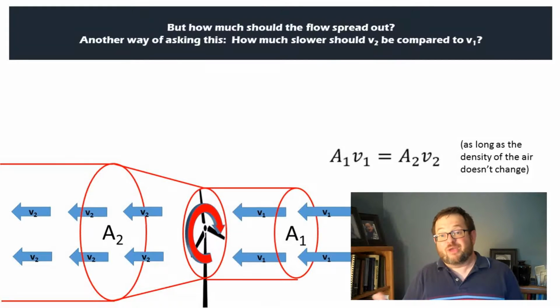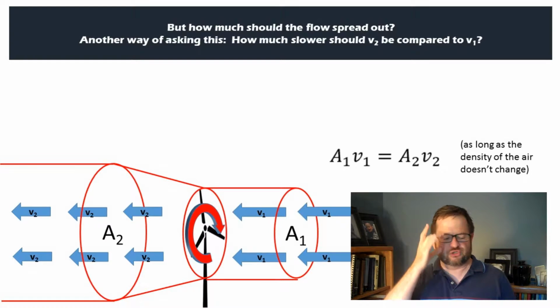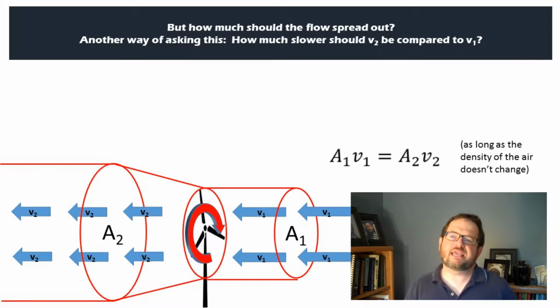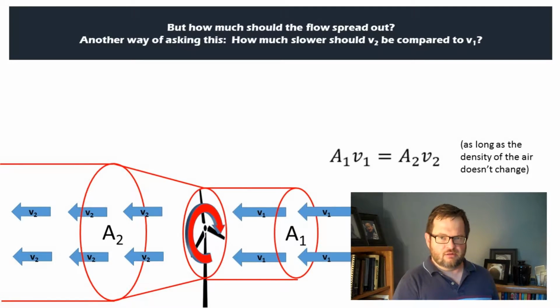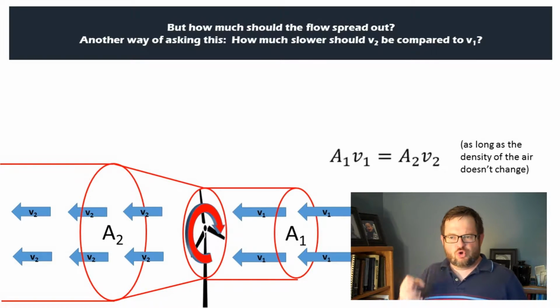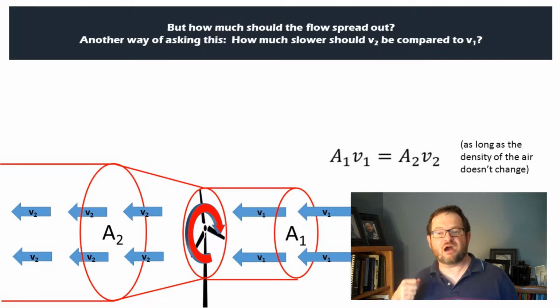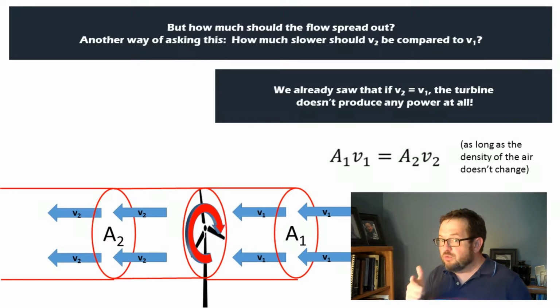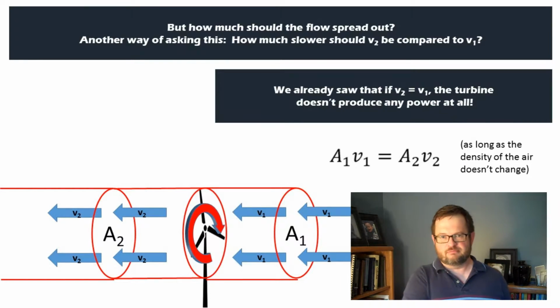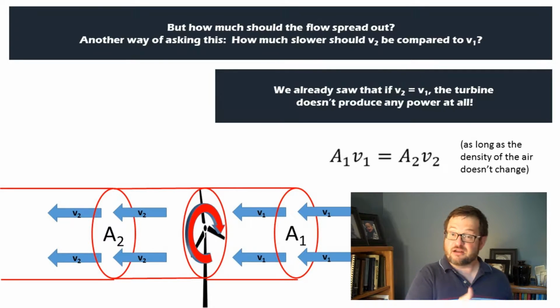Another way of asking that would be to say how much slower should V2 be than V1? Remember, A2 and V2 are very related to each other. So we're basically saying, how do we make a wind turbine so that we slow down the wind and it spreads out in such a way that we get the most power as possible. We already know how to make a turbine that makes no power by not having the wind spread out at all.